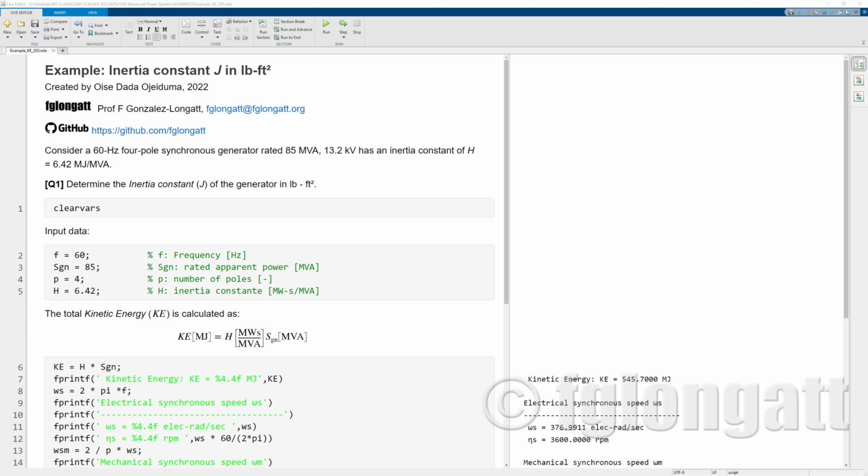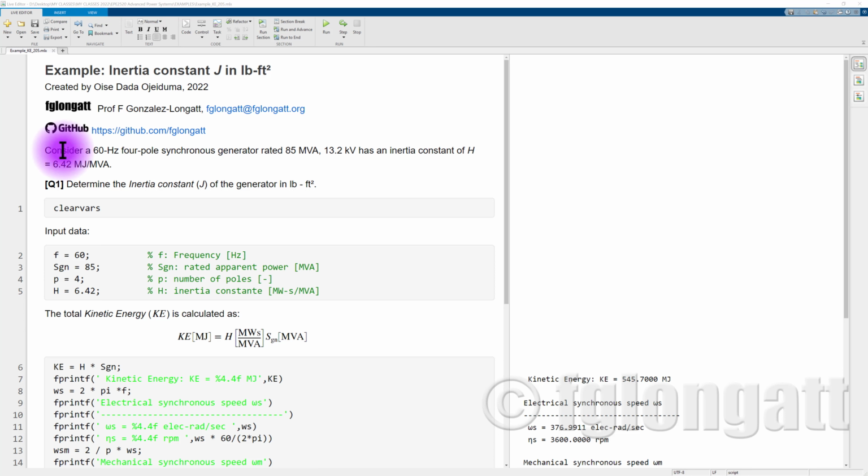In this exercise, we are covering the inertia constant calculation of a synchronous generator, but in this case we are using very specific units different to the classical MKS system. And before any other delay, let's start here.